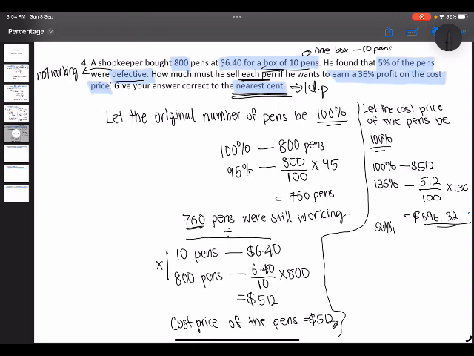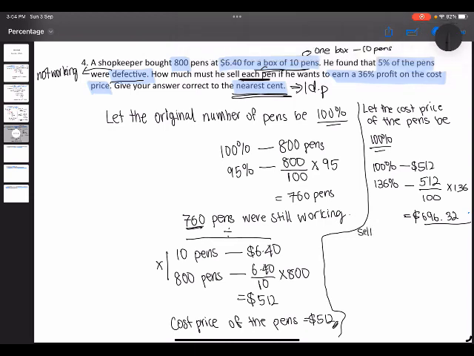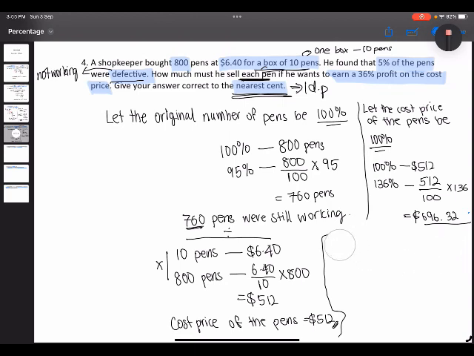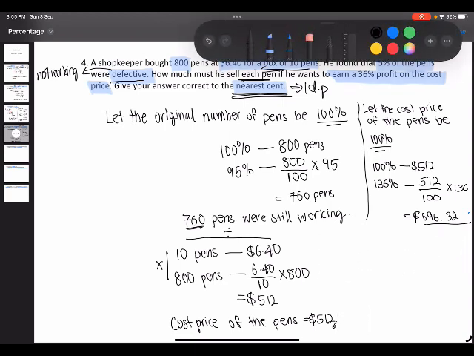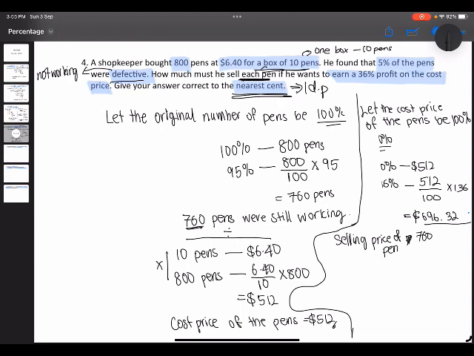So selling price of these 760 pens is equal to $696.32.